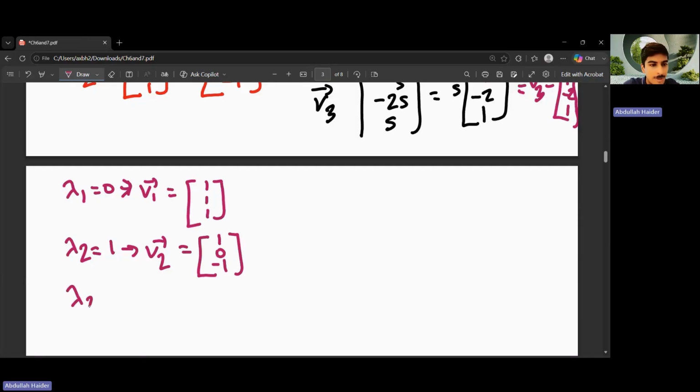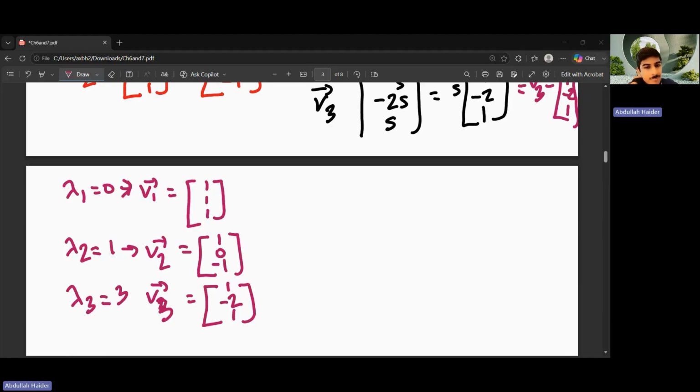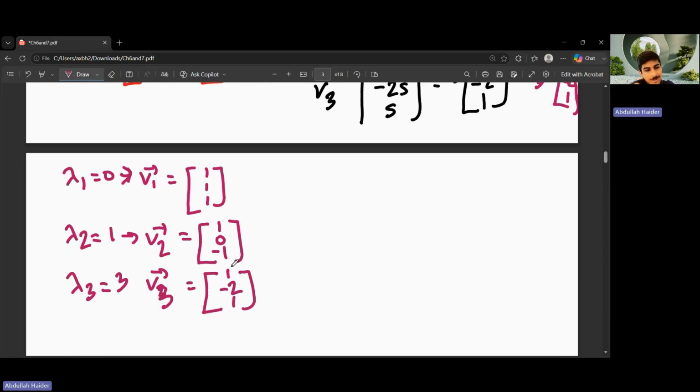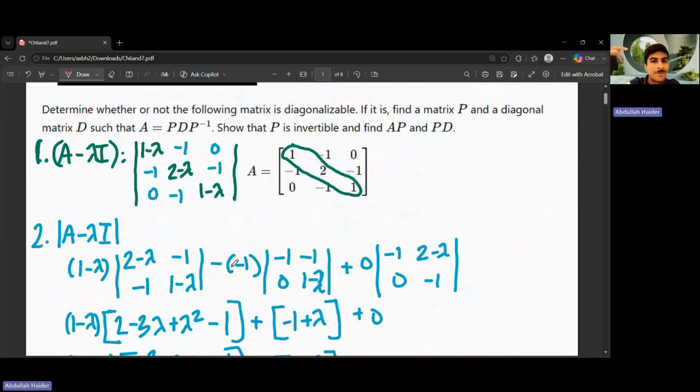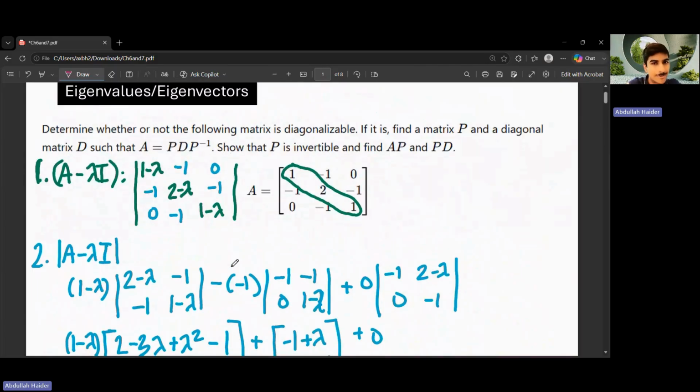And then you had lambda 3 equal to 3, meaning your third eigenvector is going to be 1, minus 2, 1. Now, this is basically just half of the question. So basically, now we will do the question itself.